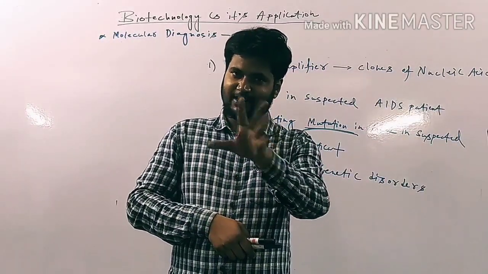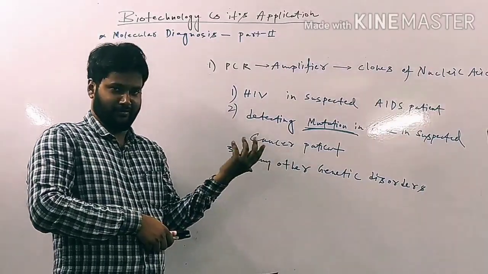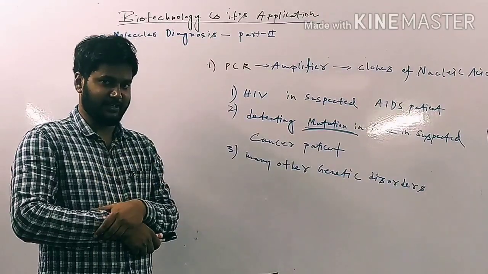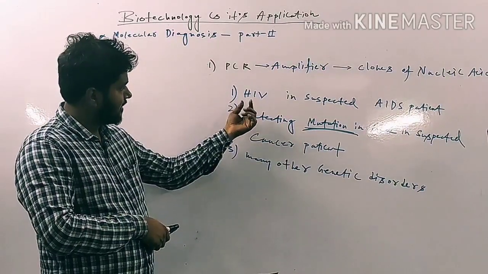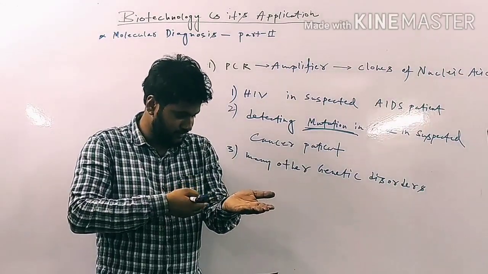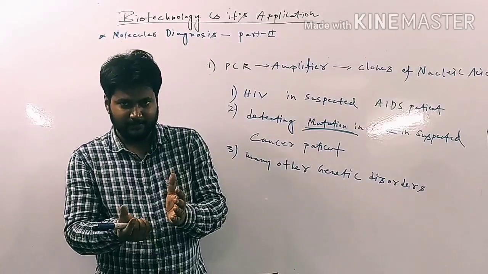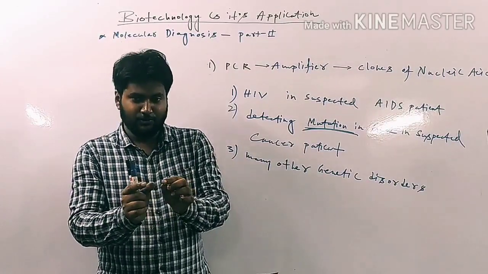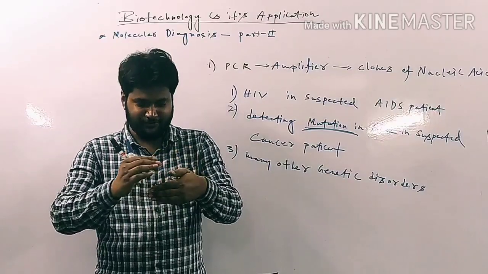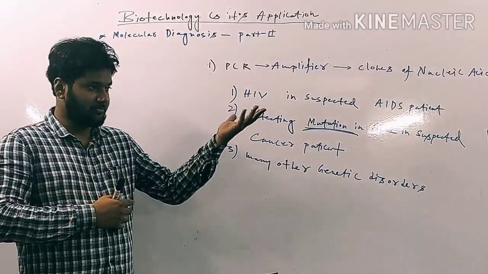So it is very simple to understand that PCR alone cannot detect all this. Suppose there is a very little amount of HIV virus in your serum or in your body. You take the sample and you multiply the copies of that HIV virus using PCR.